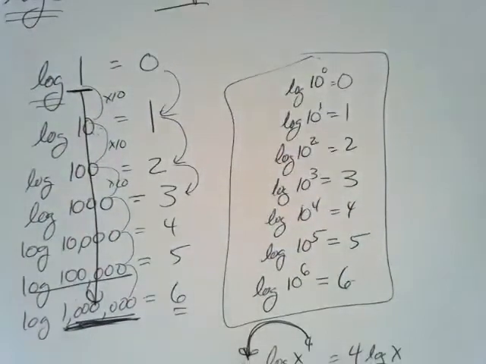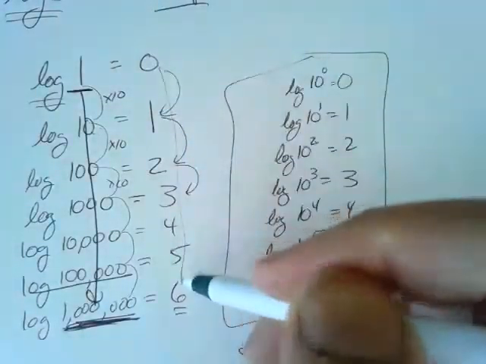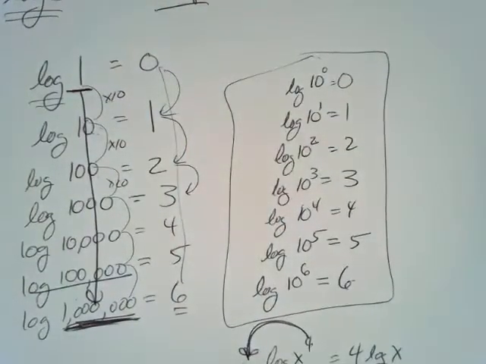Think about if you were to write those numbers down, 1, 2, 3, 4, 5, 6, you'd have this very long string of numbers. On a logarithm scale, that whole string gets compressed to 0 to 6. So we take a 0 to a million and squish it into 0 to 6.